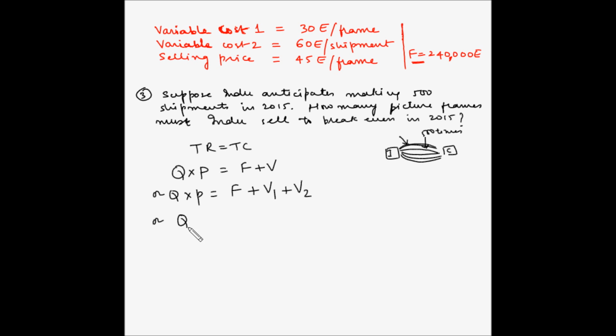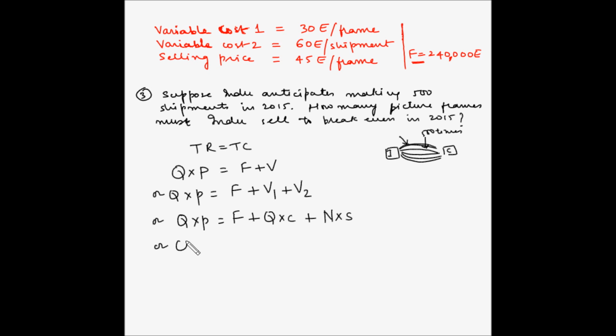So our formula becomes Q multiplied by P is equal to F plus, now V1 is the multiplication of number of units sold and the unit cost, and V2 is the multiplication of number of shipments and the cost per shipment.